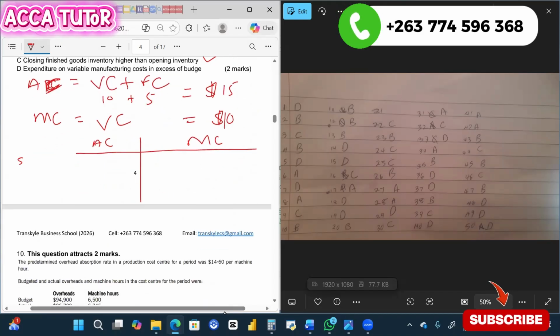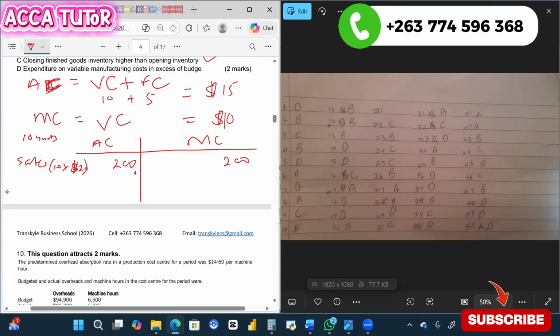Let's say our sales for the period were $200, and the units sold were 10 units. 10 multiplied by 20, each unit being $20, that's 200, which is reasonable. So in terms of the sales, 200.